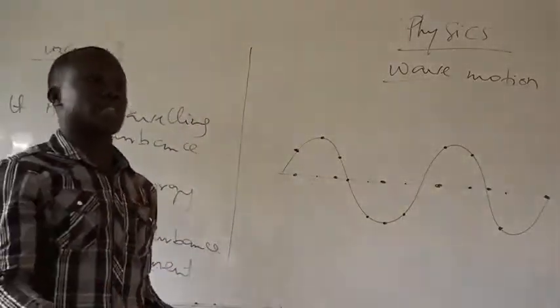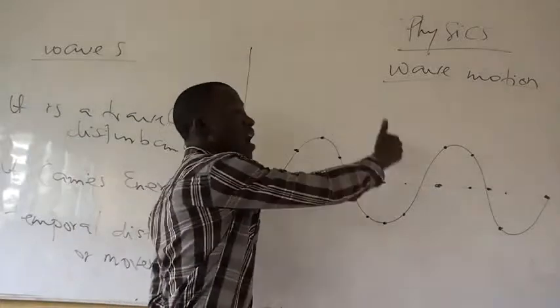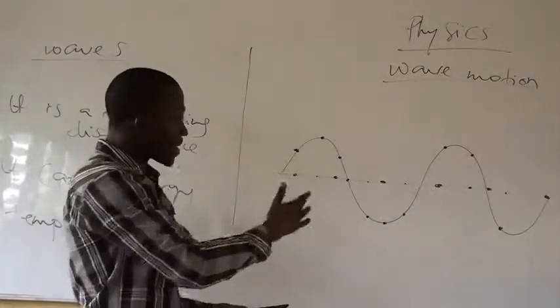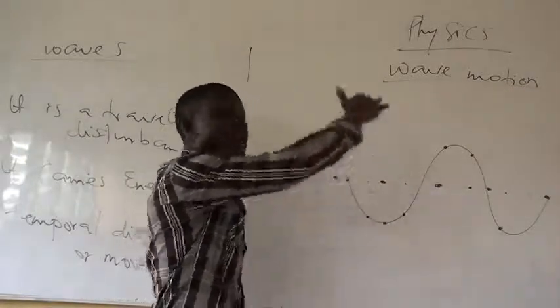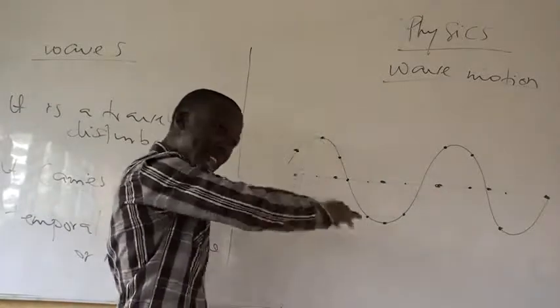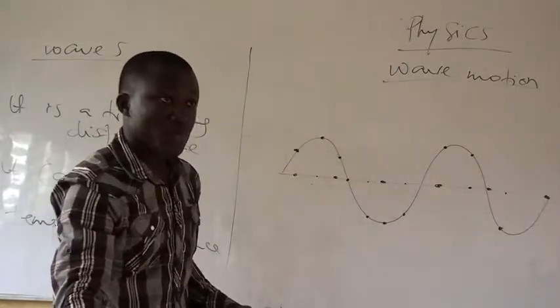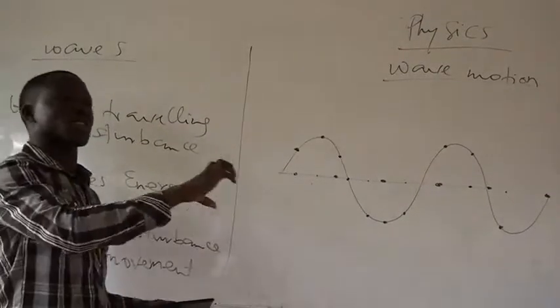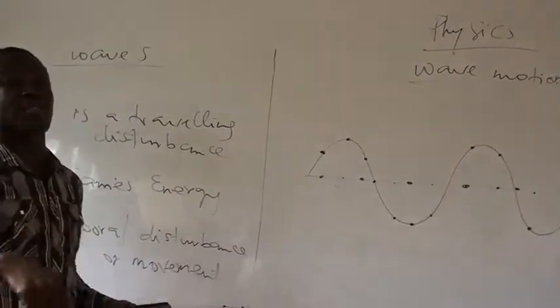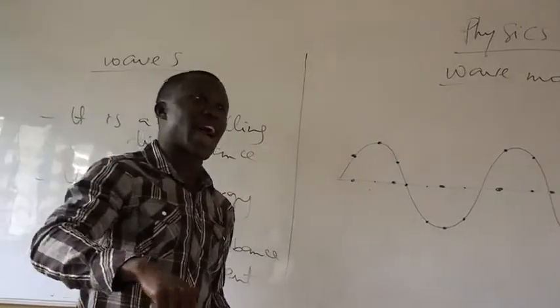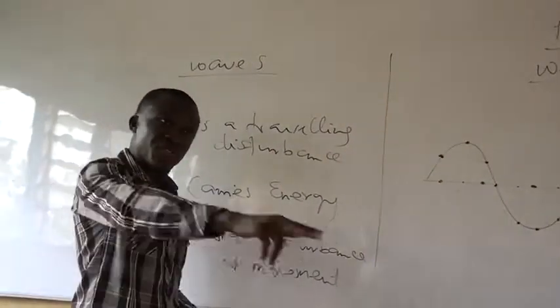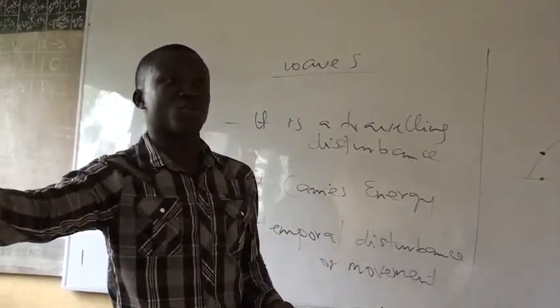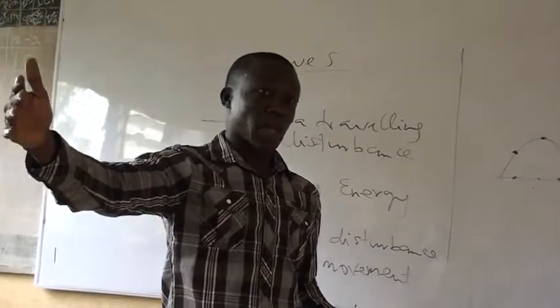If it is like the water wave I have drawn here, it means that the particles of the medium move in such order to create that particular waveform. Do you follow that there? So every wave motion actually consists of vibrations of particles, and the vibrations are caused by the wave as it travels through the medium. I hope that's clear there.